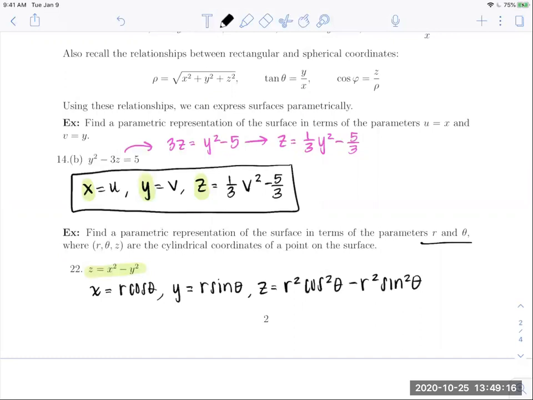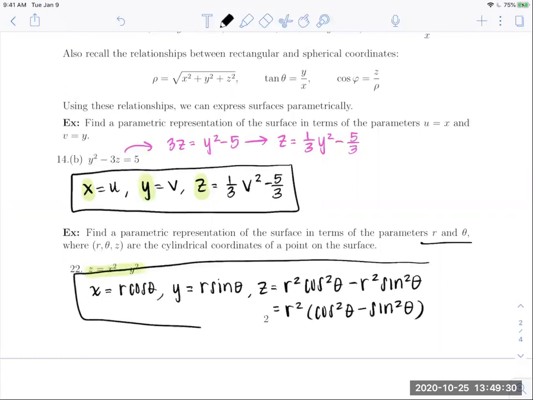And you could absolutely leave your parametric representation like this, or you could factor out an r squared and then leave it as a cosine squared minus sine squared. All right, so here is our parametric representation of the surface z equals x squared minus y squared in terms of r and theta.